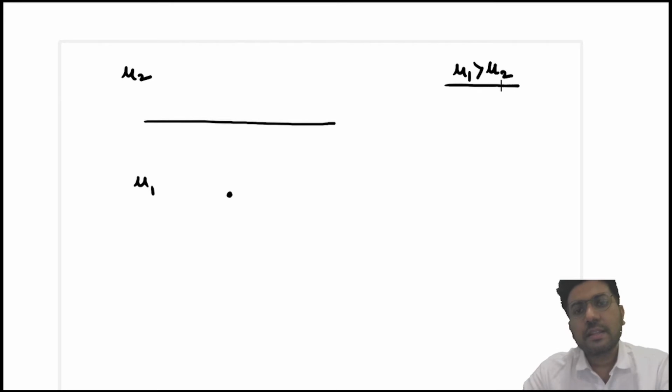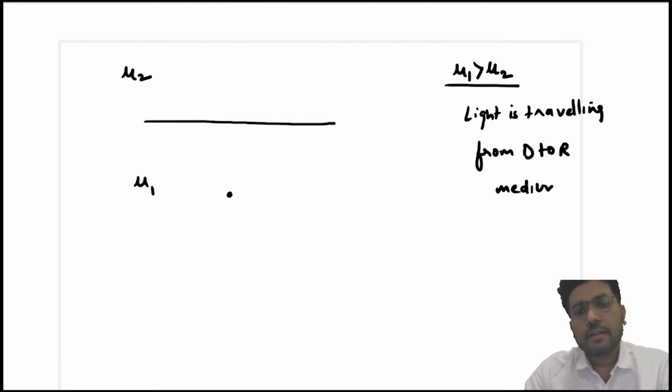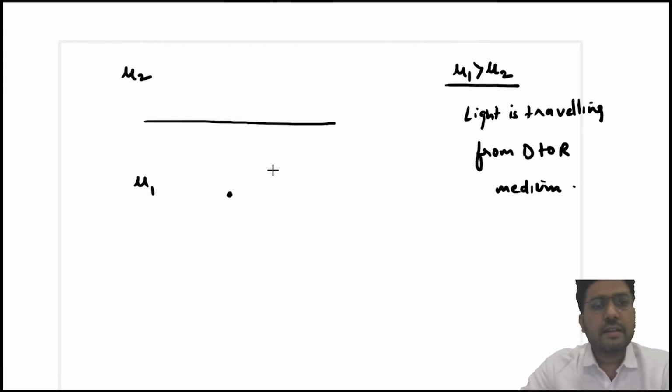That means what? That means light is traveling from denser to rarer medium. Okay. Yes. Then let us draw the ray diagram.